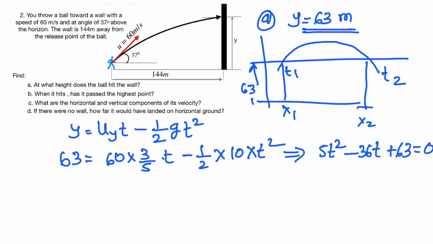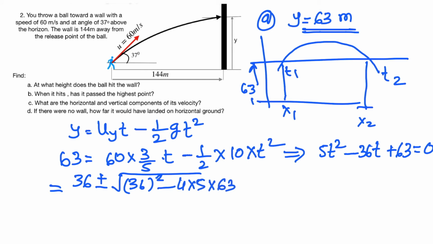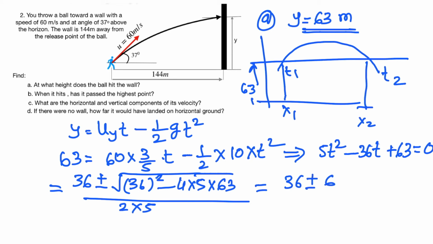The roots of this equation are equal to minus b, which is 36, plus minus square root of b square, which means 36 whole square, minus 4ac, where a is 5 and c is 63, divided by 2a, which means 2 into 5. This will be equal to 36 plus minus 6, divided by 10.